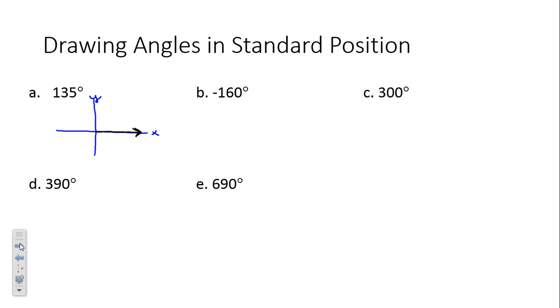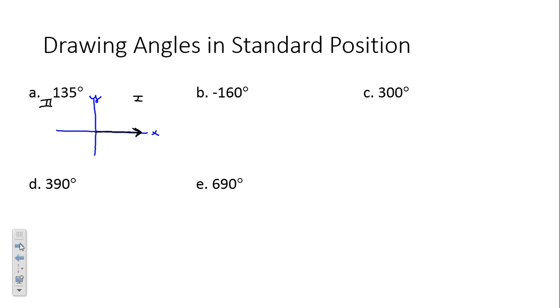Okay, how far does it have to go to get to 135, roughly? It'll be an obtuse angle, very good. So it's between 0 and 180. So it's going to be over here in the second quadrant. This is quadrant 1, and this is quadrant 2. So it will be over here somewhere. Okay. How far will it be? Will it be closer to 90 or closer to 180 or halfway in between? Potentially closer to 90.